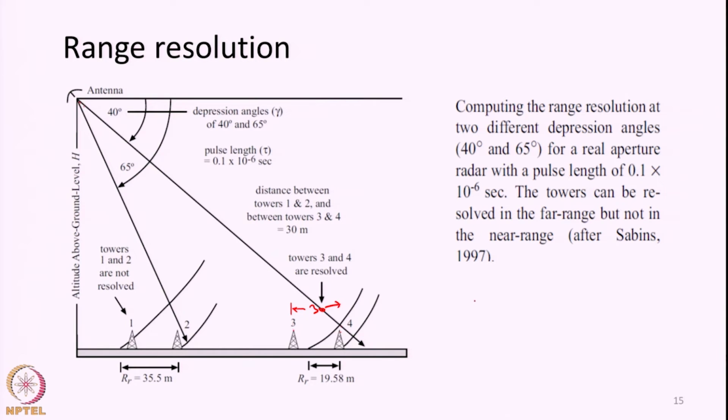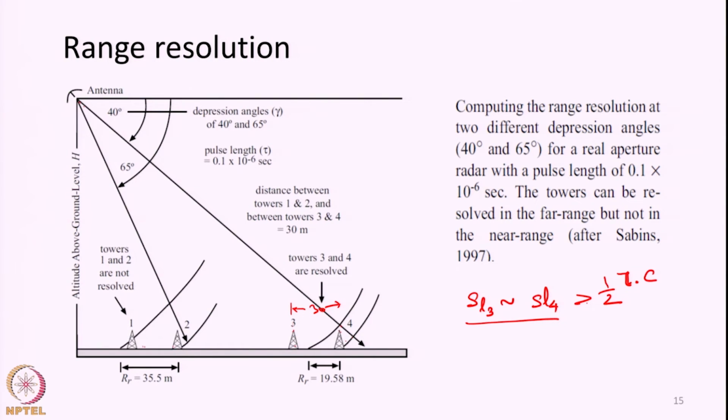If the difference between this slant range, say SL3 and SL4, is more than half of the pulse length, where the pulse length is given by the time of transmission tau into the velocity of EMR c, then these two towers will be resolved independently or labeled as two different features. Tower 3 is here, tower 4 is here, they are different features.